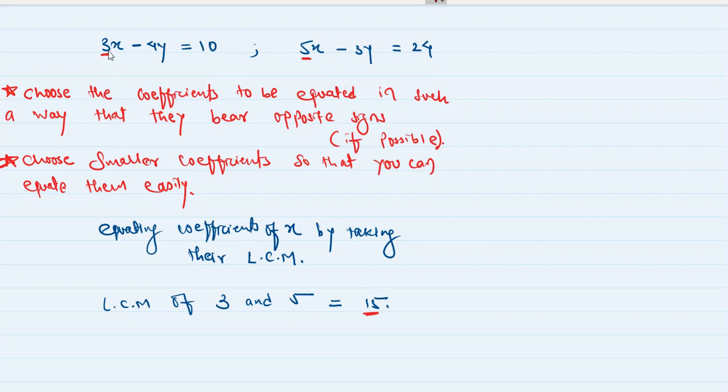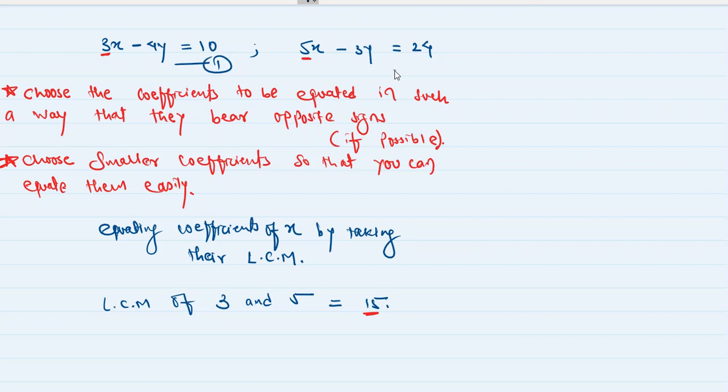If you multiply 3 with 5 alone, that will not do. You have to multiply the whole equation, left side and right side, LHS and RHS, everything by 5. And if you want to convert 5 into 15, you have to multiply it with 3. But you cannot just multiply 3 alone over here. You have to multiply the whole equation number 2 with 3. Okay, let's name the equations.